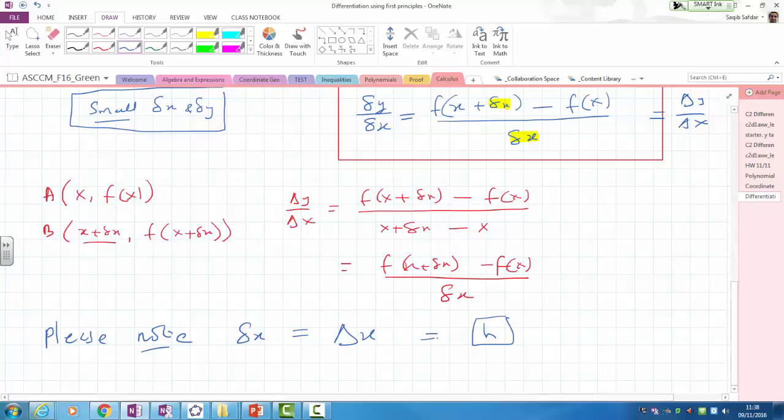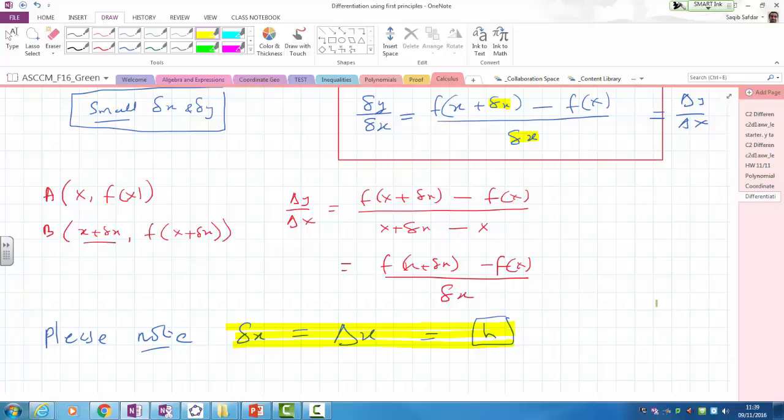So I'll come on to that in a second. Okay, so all of these are the same thing, and textbooks or examples might use either one. I've stuck with the delta x sign, although it's a bit tedious, as opposed to writing h, just to emphasize that it is a small change in x that we have. But in the future, I might not. I'll just stick to h when we do past paper questions.